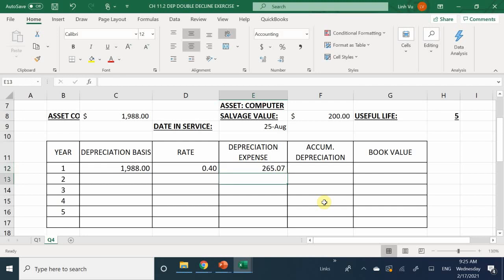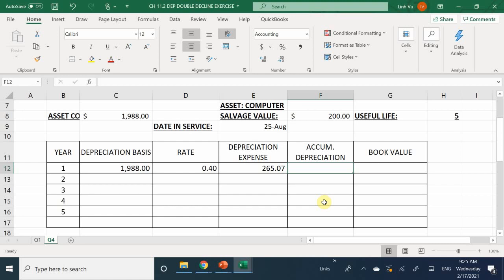265.07. Okay. So we're only calculating 1/3 of the year, right? 4 divided by 12 is 1/3. So if we understand that we only need to calculate for 1/3 of the year, then my value of 795.20 has now been cut in 3 to reflect 265, because my asset is only 4 months old.